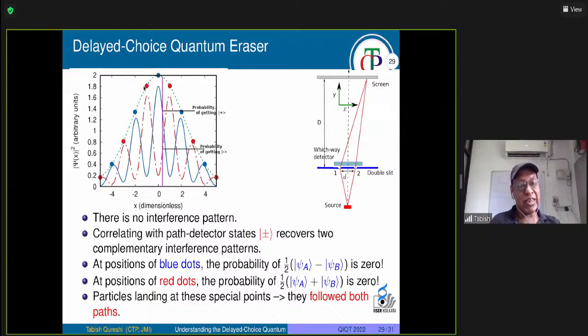So when the particle lands at these special points, you already know that the particle has gone through both the slits. Again, that argument about having the choice doesn't work. You no longer have the choice. Just the very fact that the particle lands at these positions erases the which way information. You are sure that the particle has actually gone through both the slits.